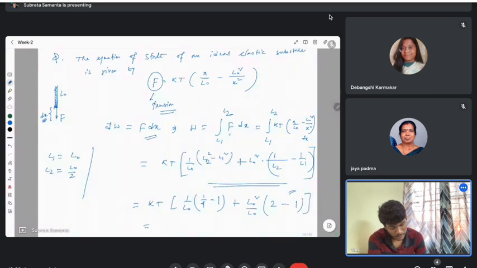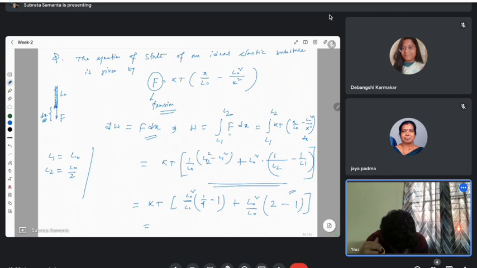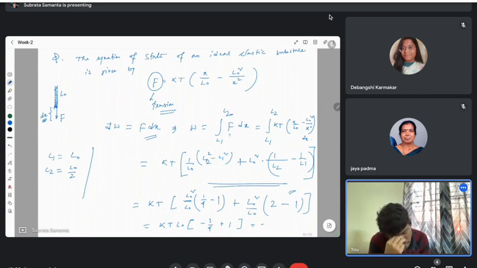So we get this, and that means kT L naught times minus 3 over 8 plus 1, so minus, sorry, and we get a plus 1 by 4 kT L naught.